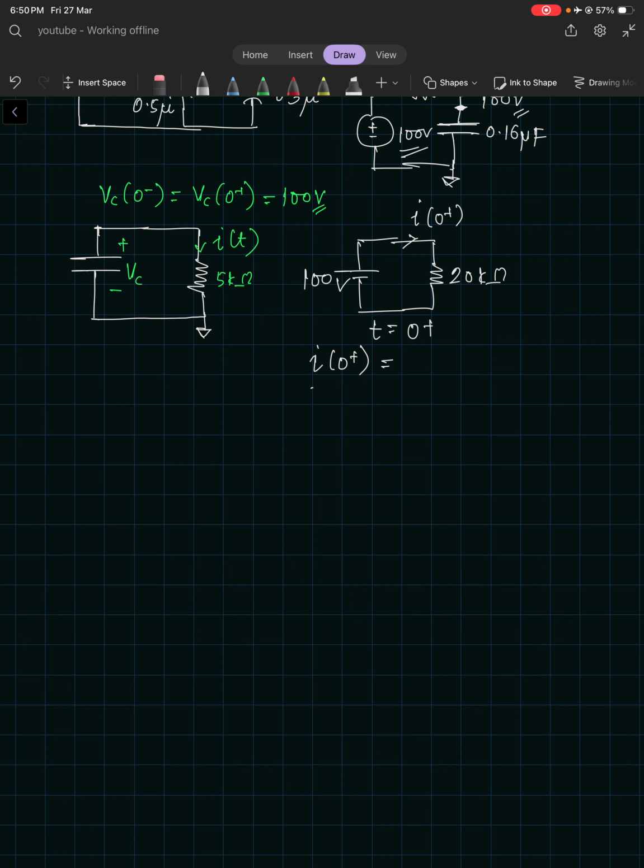If somebody asks you what was I of 0 minus, it would be 0. Why? Because the switch was at position A, right? Here it will become 100 upon 20 kilo ohms, which would be 5 milliampere, right?